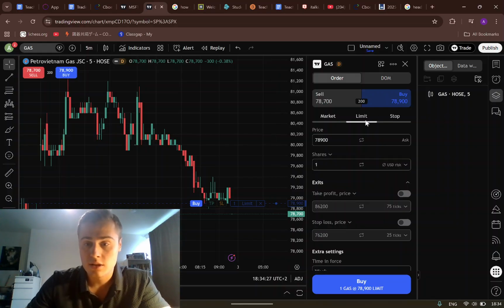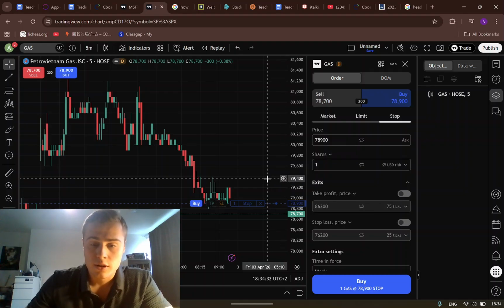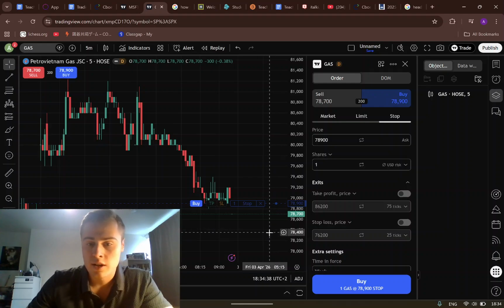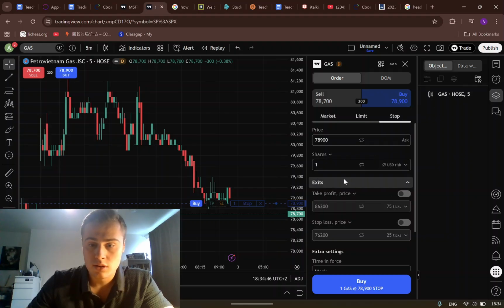So we will make this limit order. A stop order is the opposite. If we think that the price will be continuously going down, we will say, yeah, okay, at one point it will stop, and at this point I want entry. So we're going to do the stop order on buy.